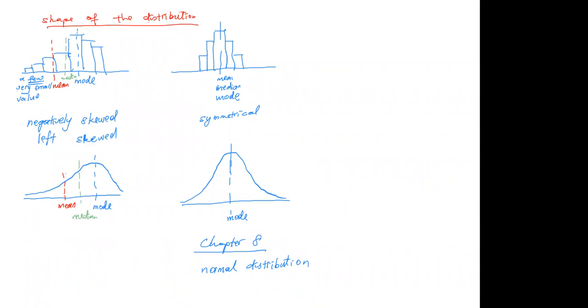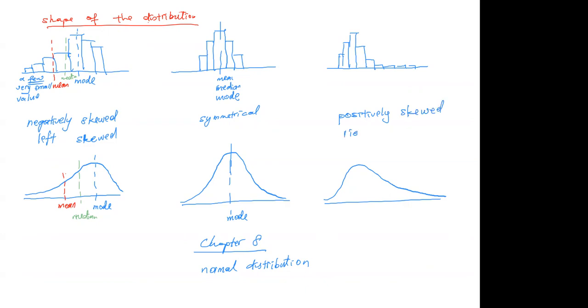Another type of distribution will be you have mostly around here. Then you have very few, very big number. So this type of distribution, we call it positively skewed, or we call it right skewed.